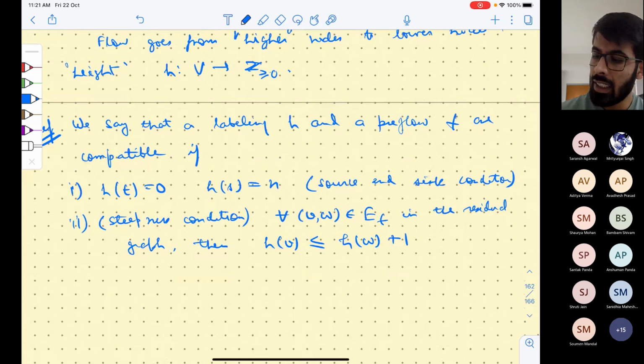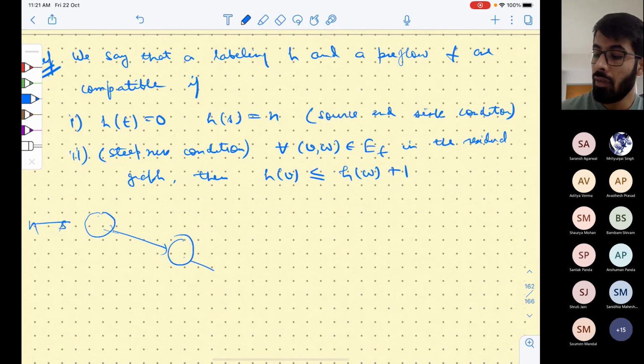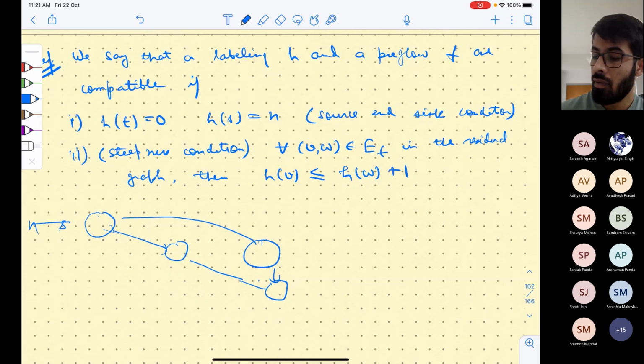So what is the idea? We want to push the flow from higher vertices to lower vertices. The source is at the highest, so this is like level n. And then we want to push flow, but at most one level at a time. There is some other vertex also here. The book has these diagrams.